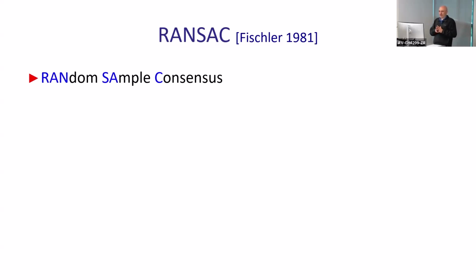And the idea is also very prominent because when you initially learn about it, it seems impossible and surprising that you don't need that many random samplings to get the inliers correctly, all of them.